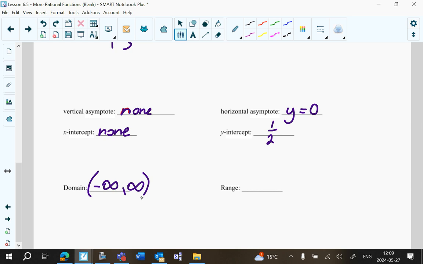It doesn't go into the negatives. It goes as low as 0 but doesn't include it. And it goes as high as 1/2, and includes it. Yep.